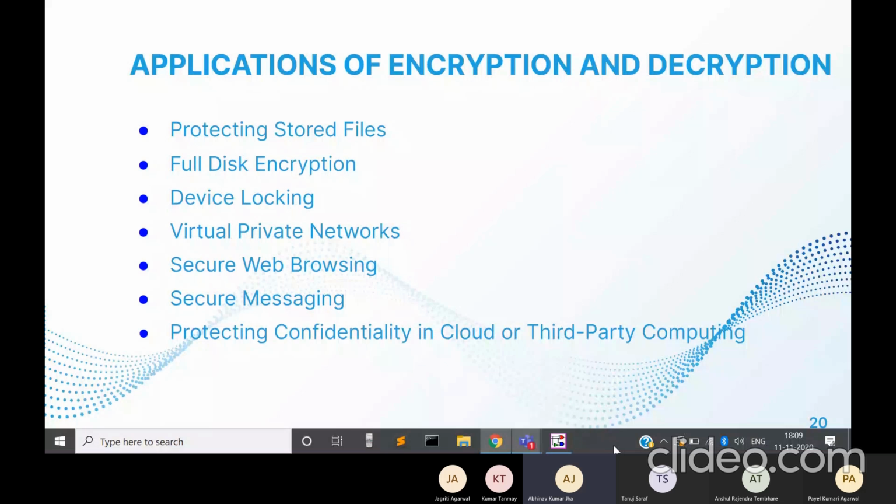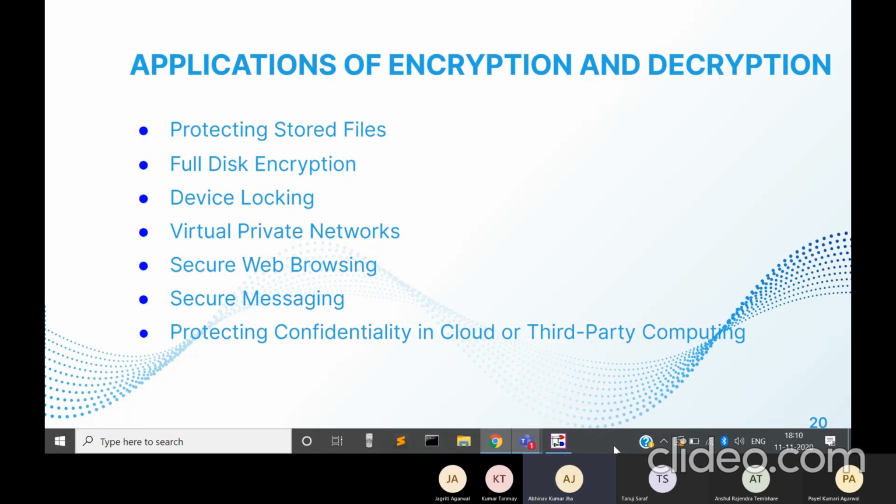Full disk encryption: many modern operating systems support full disk encryption, which protects both user data and system programs from disclosure. Device locking: mobile devices and the data they contain are frequently protected by locking mechanisms that ensure that phone data is encrypted whenever the screen is locked, and that only the user can unlock the phone and its contents.